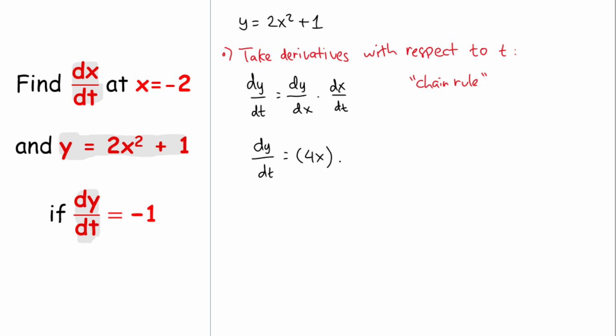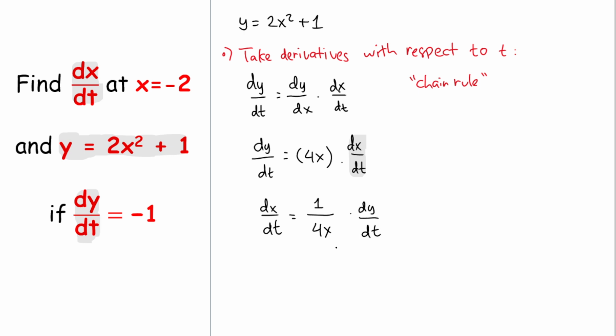So I'll have 4x multiplied by dx/dt. But we need to find dx/dt, so I will need to isolate this. So dx/dt will equal 1 divided by 4x multiplied by dy/dt.